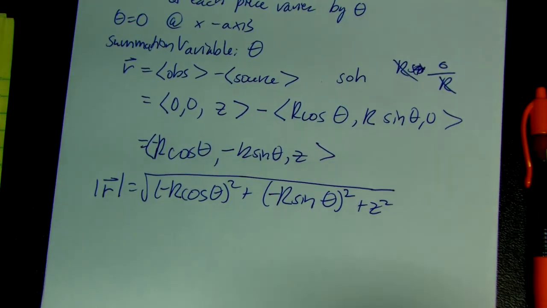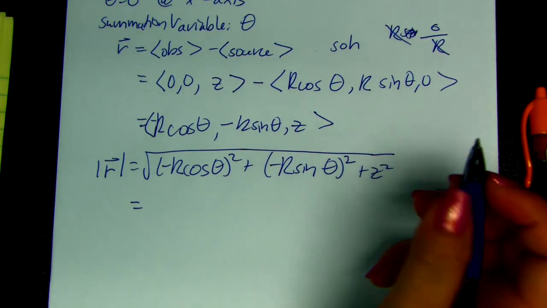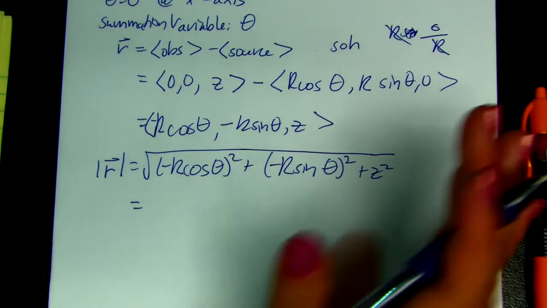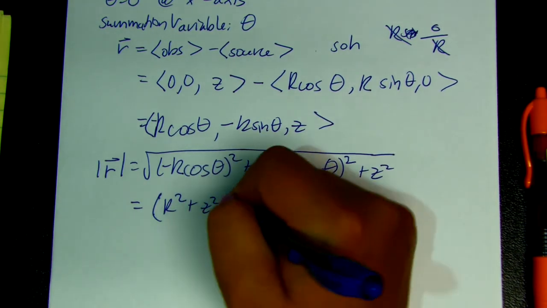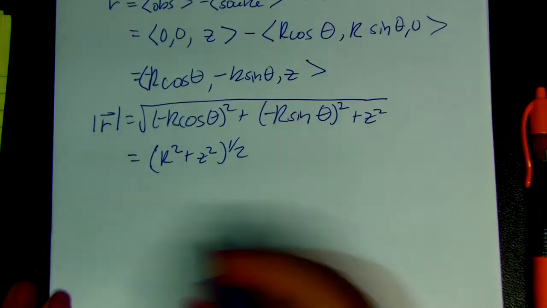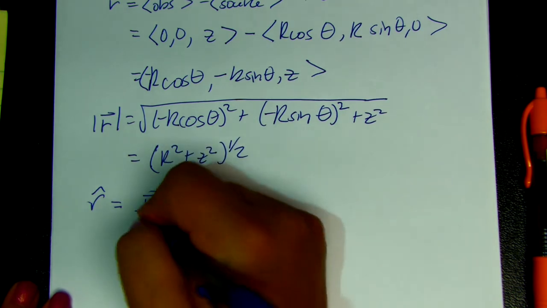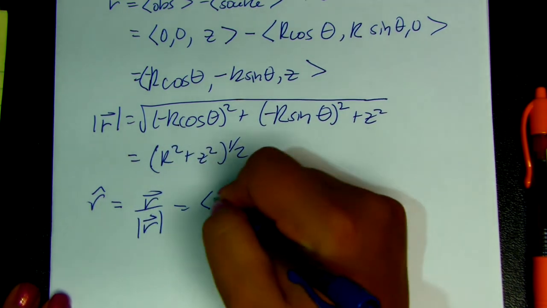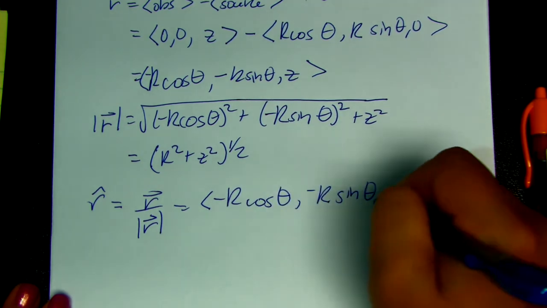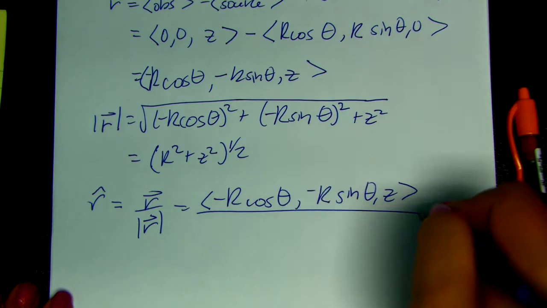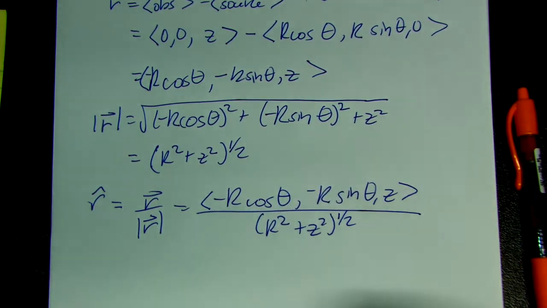We're done with that picture for now. And if we use the trig identity that sine squared plus cosine squared is equal to 1, this becomes r squared plus z squared to the power of 1/2. r hat is equal to the r vector divided by the magnitude, which is equal to minus r cosine theta, minus r sine theta, and z, divided by r squared plus z squared to the power of 1/2.